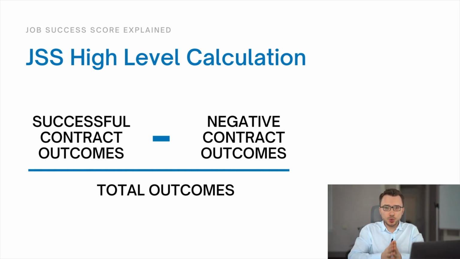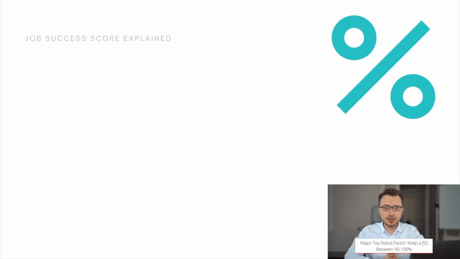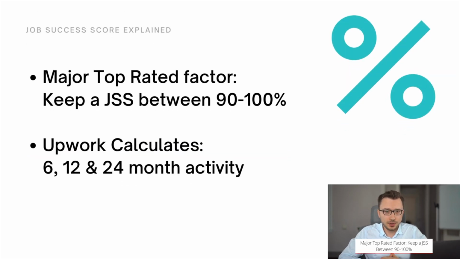So what you want to be doing overall as an overarching strategy is keep a job success score between 90 and 100%. And then there's a good chance that you'll get that top-rated status. So Upwork is actually calculating 3 things. They're looking at your 6-month, 12-month, and 24-month activity and success rate on the platform.